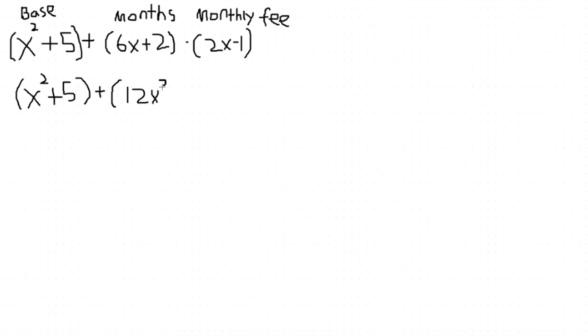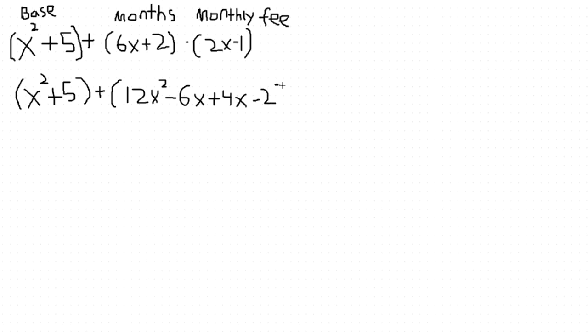And then O, which is outer, 6x times negative 1 is negative 6x. And then inner, which is 2 times 2x, is going to be positive 4x. And then finally, last, so minus 2.